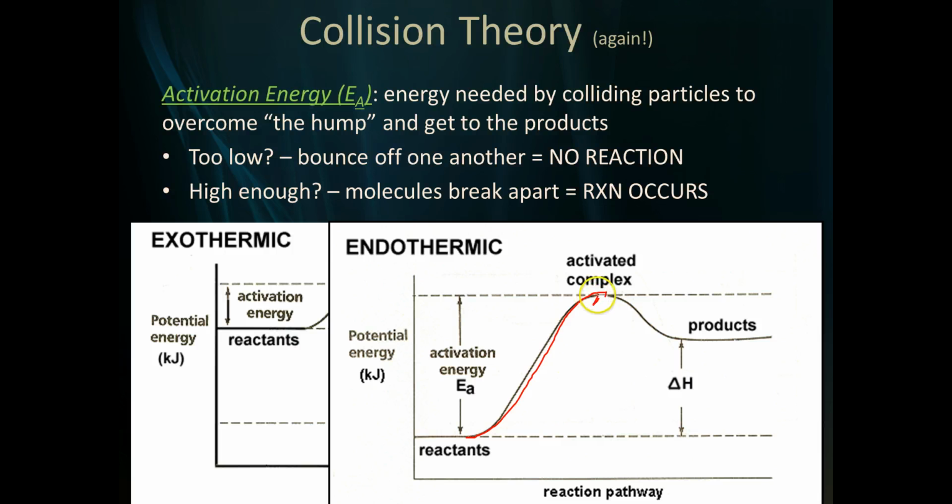A lot of the time you'll see it listed like this as well, which is a very common way to see it, within the graph itself. You give them a lot of energy to get to the top, the activated complex, and then they relax and release a little bit of energy to get to the products, which are still higher in energy than the reactants. This is where we have our positive delta H.